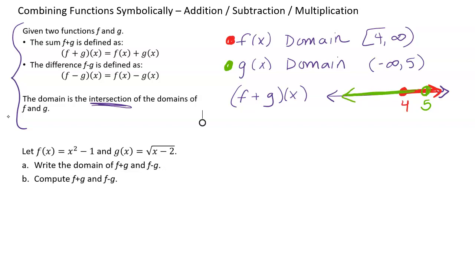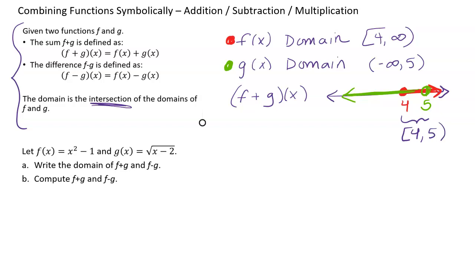My intersection of the two domains will be where these two domains overlap, which is going to be right through here. But be very careful with thinking about the brackets and the parentheses, because I can include the 4, but I must use a parenthesis on the 5.